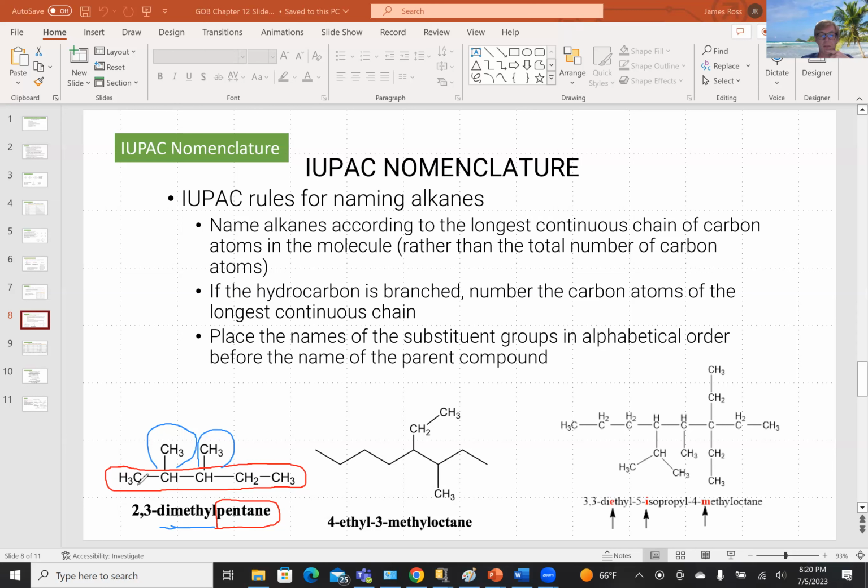If I number it left to right, I would number these branches on carbon 2 and carbon 3 of 5. If I number it right to left, I would number it on carbon 3 and carbon 4.